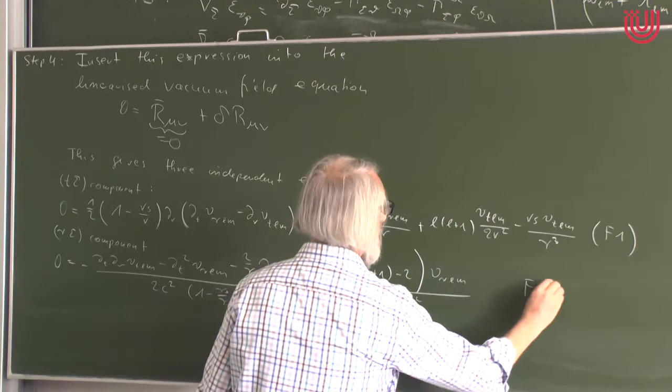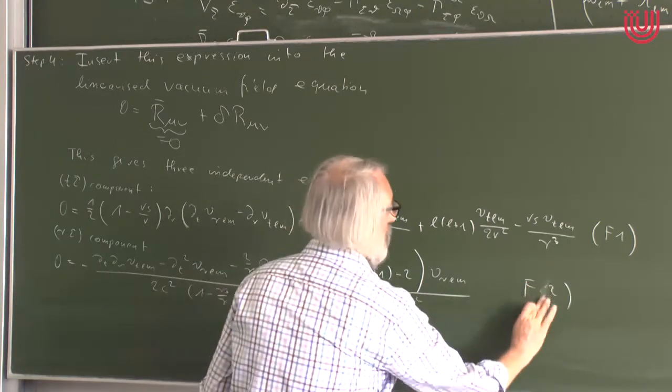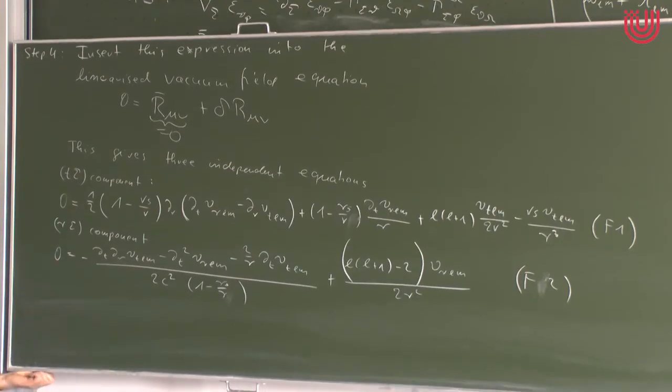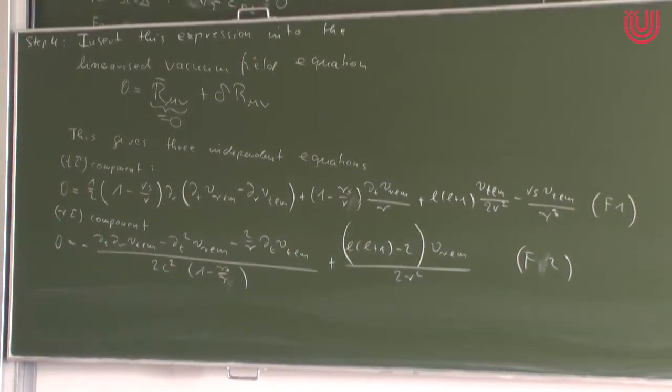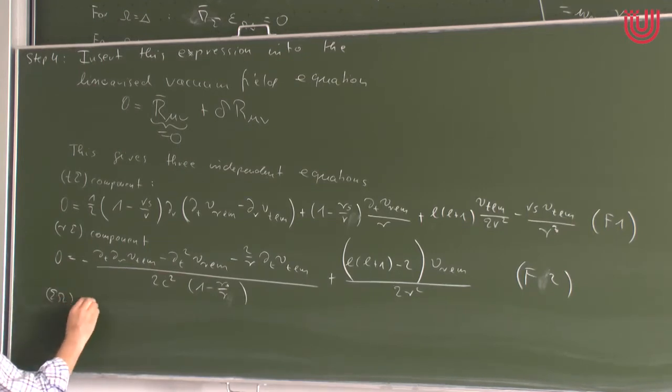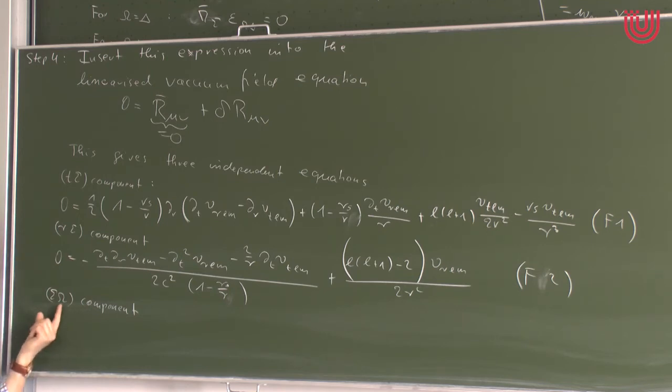And that's the second non-trivial component of the field equations. And then we have the sigma omega component. These are actually 4 components, right? TT, RR, theta theta, phi phi, theta phi, and phi theta. But all 4 components give the same equation.